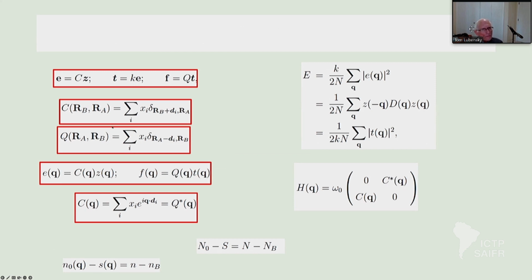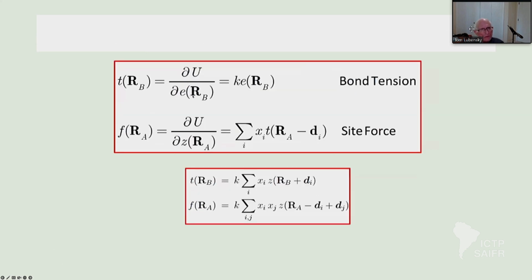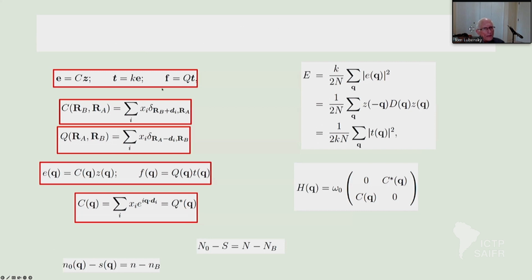The Q is the same thing because we had T. T depends upon E, and E we know depends upon Z. So we can calculate the force in terms of Q and T. So you can see just by looking at this that the sign change is here, and these two things are indeed matrix transposes of each other. So then we have the same thing as before.